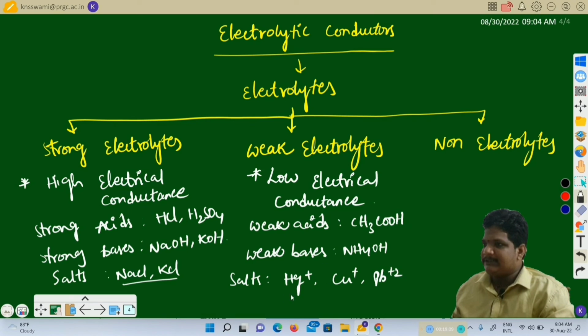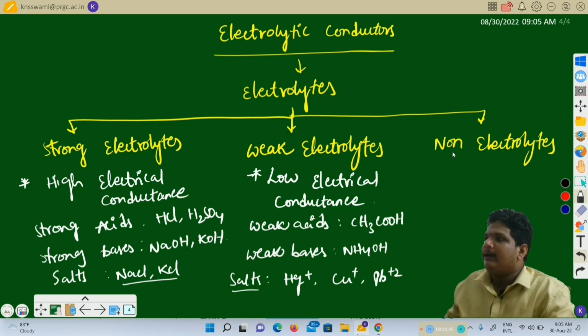Salts of these ions can also produce low electrical conductance. Why do weak electrolytes produce low electrical conductance? Because they do not undergo 100% dissociation in aqueous media.